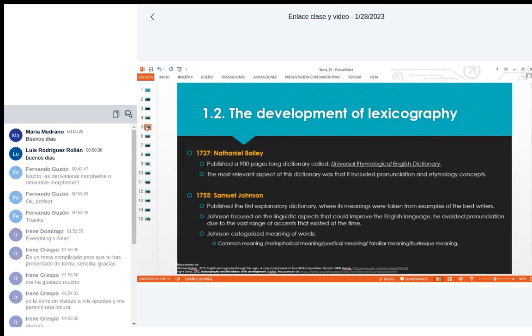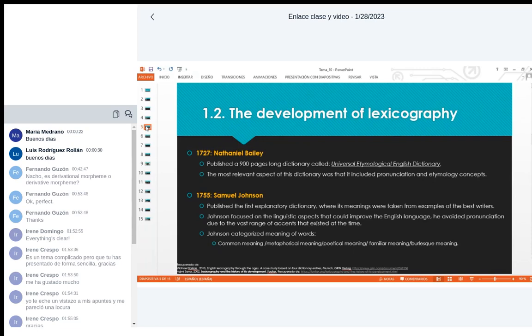But with the great vowel shift, this long E sound is going to be shifted to the diphthong I. So that's why "leek" would turn into "like". Now, all of this evolution of the language and its pronunciation is going to be included in the Nathaniel Bailey Universal Etymological English Dictionary.